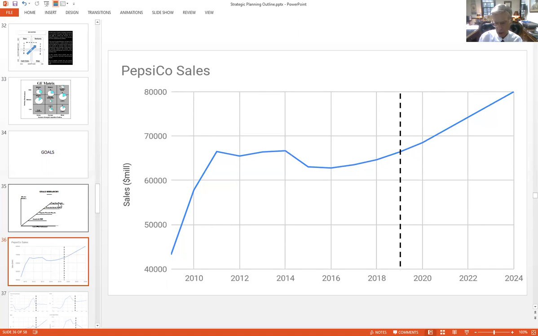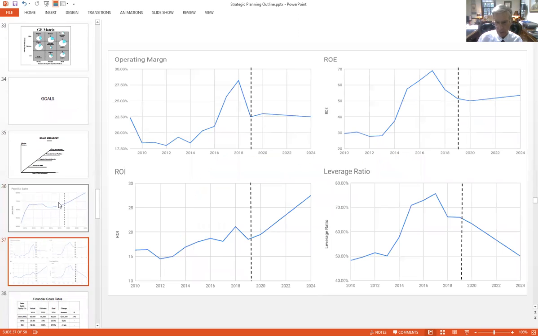And you can see that this graph indicates what the team thought PepsiCo's growth goals were insofar as sales. And they're pretty aggressive if you take a look at the y-axis. Here we have the ways in which operating margin, return on investment, return on equity, and leverage goals are represented.